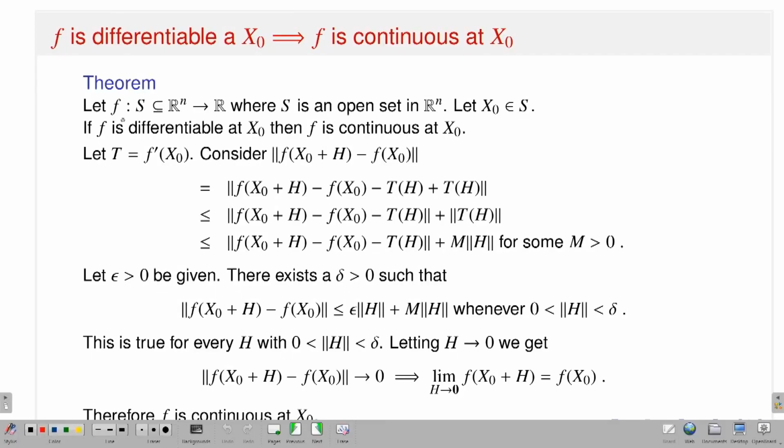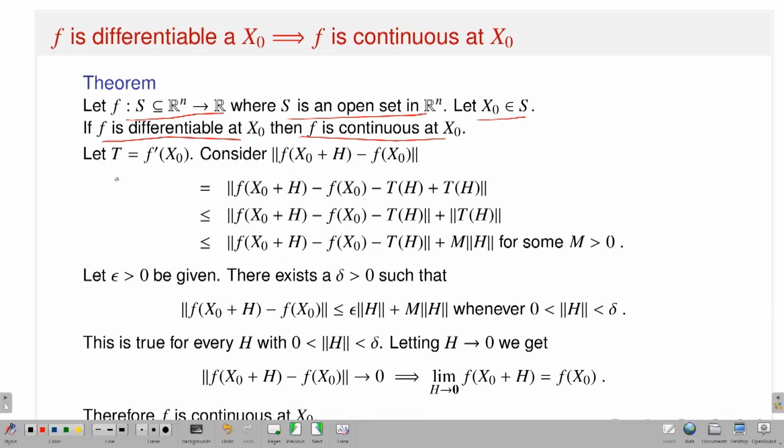Let f be a function from some set A, a subset of Rn, to R, where S is an open set in Rn. Let x naught be a point in S. Now if f is differentiable at x naught, then f is continuous at x naught. One should guess that differentiability implies continuity.